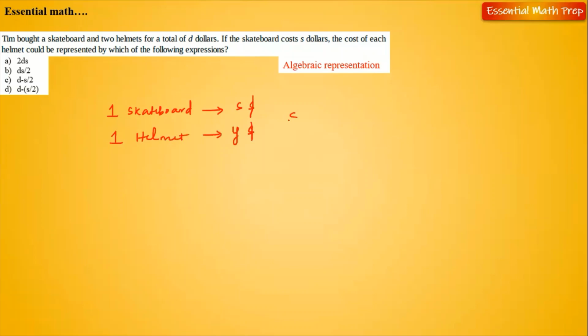So you purchase one skateboard and 2 helmets, and these together cost D dollars, right? So we know the cost of the skateboard is S dollars. So the cost of the helmets would be 2Y equals D minus S, so Y equals D minus S over 2.